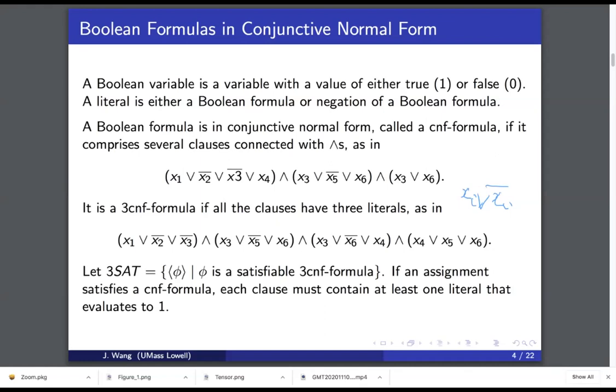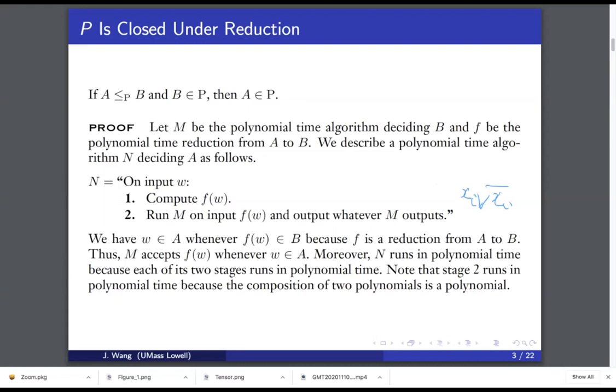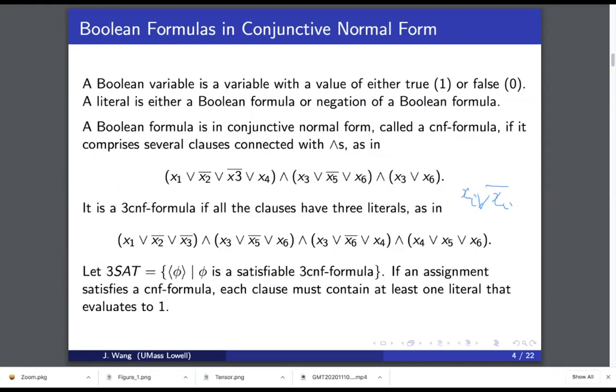And then we define 3 SAT. Did I define SAT somewhere before? Okay, so let me define SAT. Let SAT be the set of formulas phi, where the angle brackets again mean encoding.